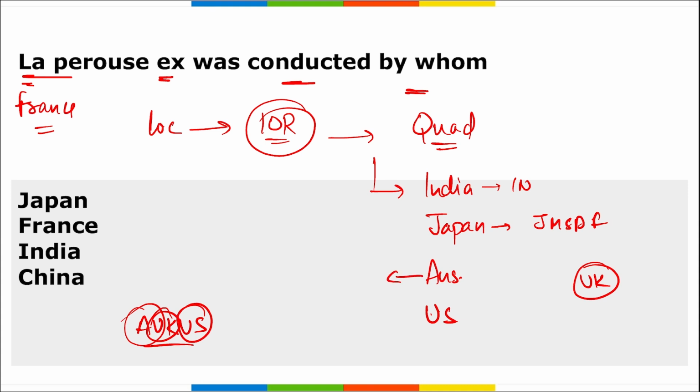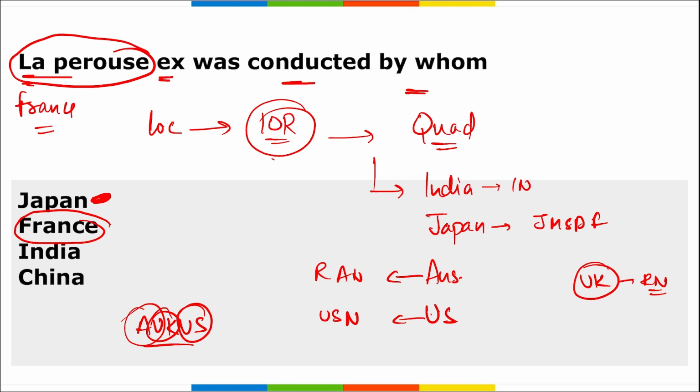From Australia, it is your Royal Australian Navy. For US, it is your US Navy. And then it is your UK, it is your Royal Navy. So coming back, remember it was your France that conducted this La Perouse 2023 in Indian Ocean region, in which Quad members took part.